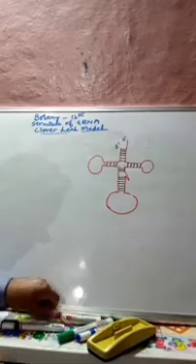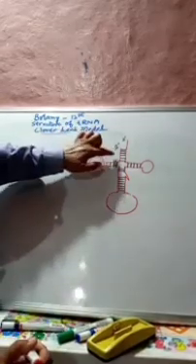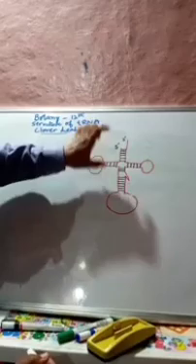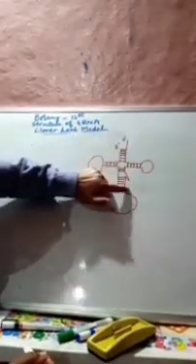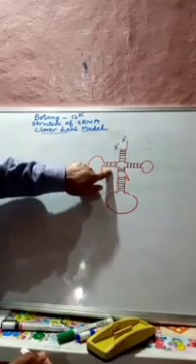Now, we see there are altogether 5 arms, and out of these 5 arms, only these 4, this one, this one, this one, and this one, are important.